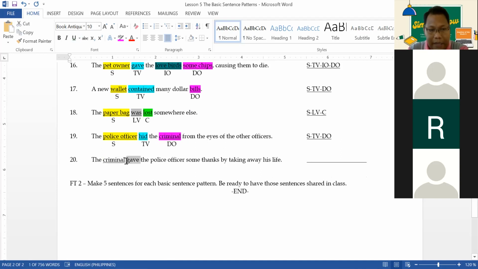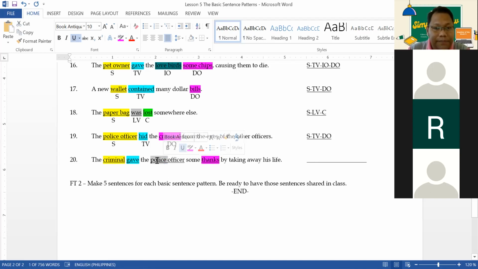Last number, 20. The criminal gave the police officer some thanks by taking away his life. Criminal gave police officer thanks. Criminal is the subject of the sentence. Color that with yellow. Verb shall be colored blue because we have a direct object. The criminal gave what? The answer is thanks, and we color thanks with purple. To whom were those thanks given?